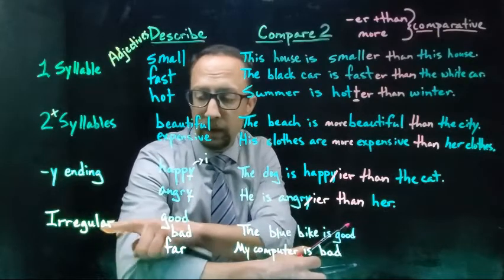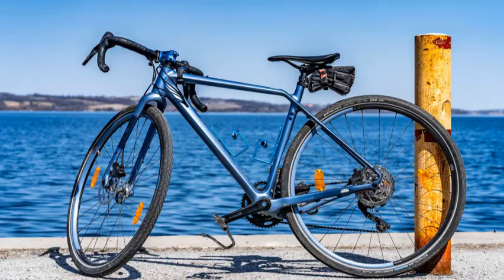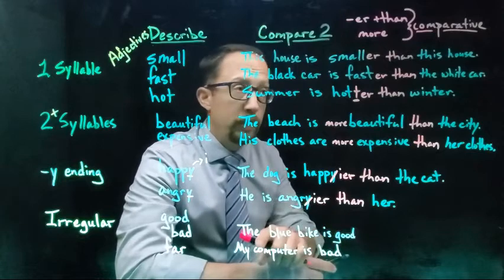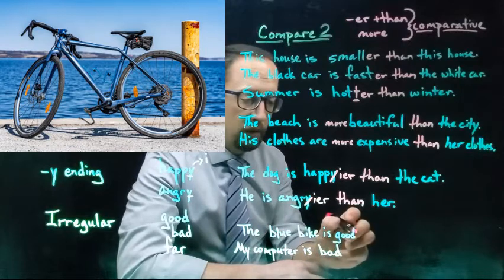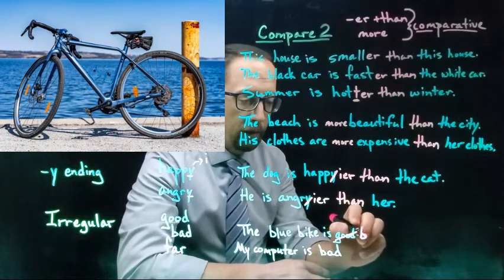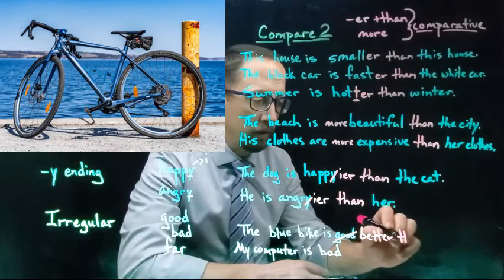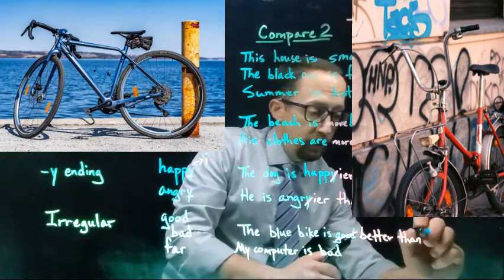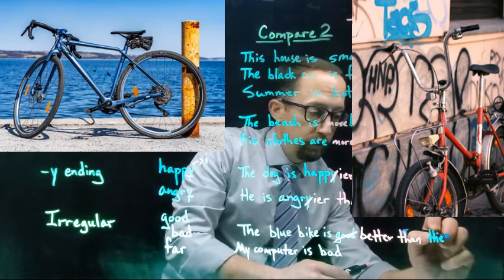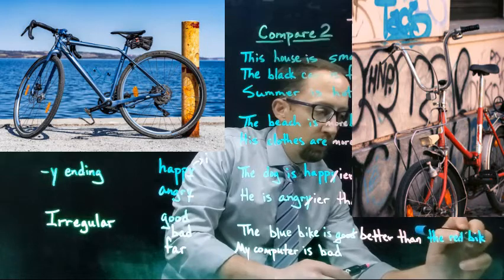Let's look at some irregular words. Good. The blue bike is good. We change it to better. The blue bike is better than the red bike.